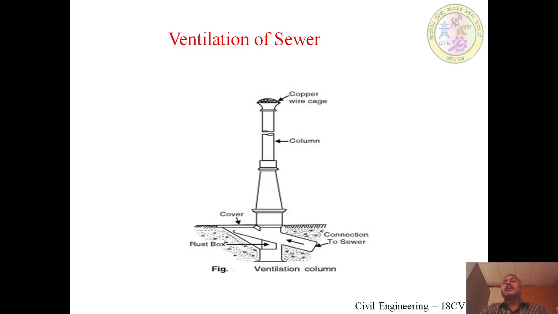Below the ground level it has to be connected to the sewer line, and again you have a column, and at the top you have a copper wire cage so that the birds cannot enter into this, and a cowl like arrangement has been made so that the gases which are generated in the sewer line move to the higher altitude and escape.